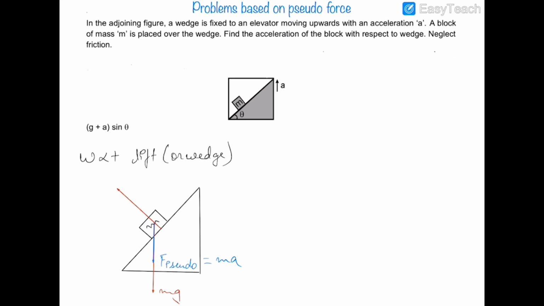This is the normal reaction, and we can see that we have to resolve the two forces, pseudo force and mg. So first of all, let us combine these forces together to be acting in downward direction. So I'll be writing only one force, which is mg plus ma in the downward direction.